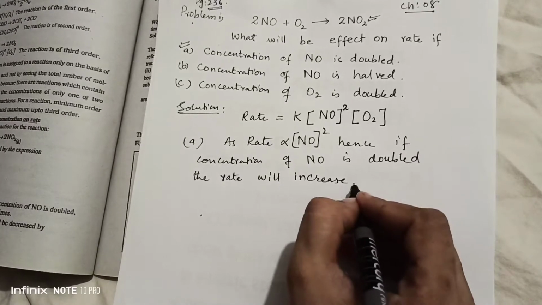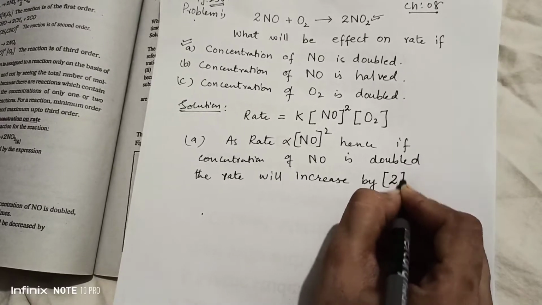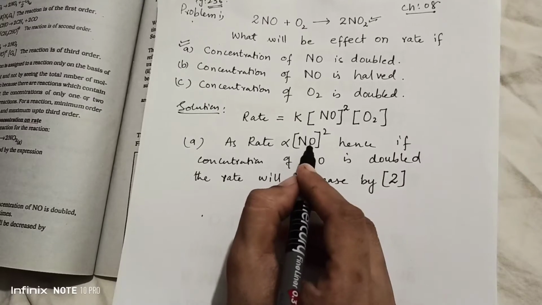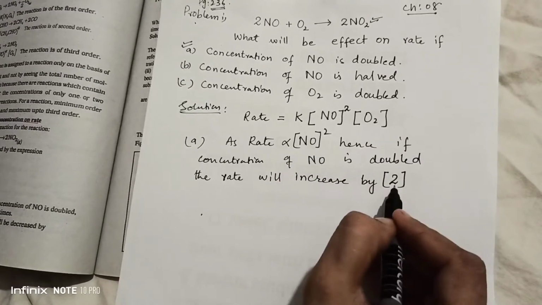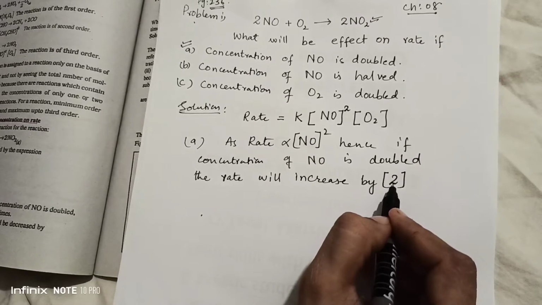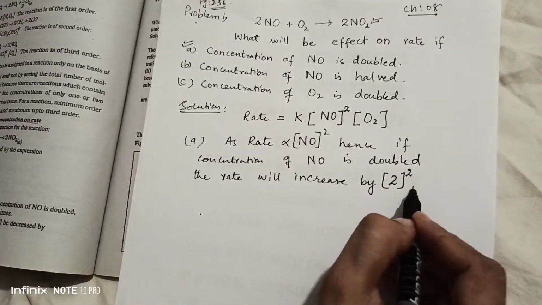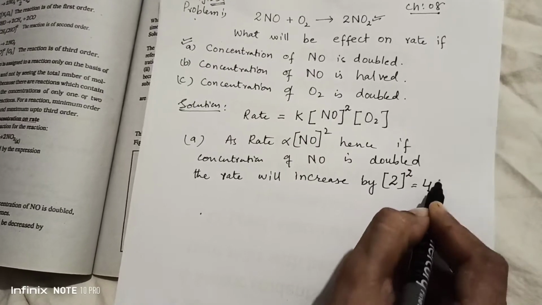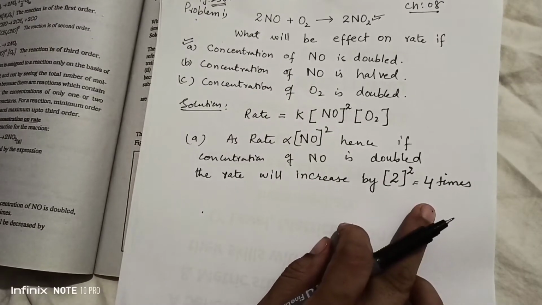How? You can see. If, instead of NO, I put the value 2 because the concentration is doubled, the square of 2 is 4. So the rate will increase 4 times.